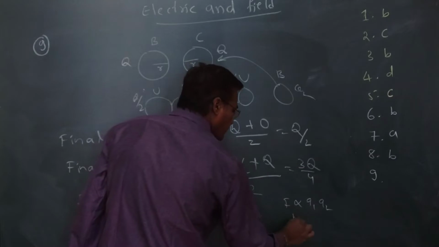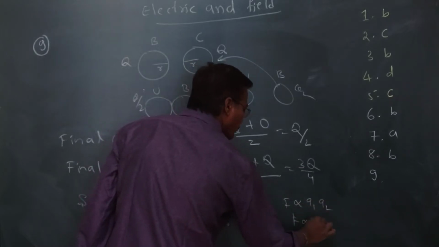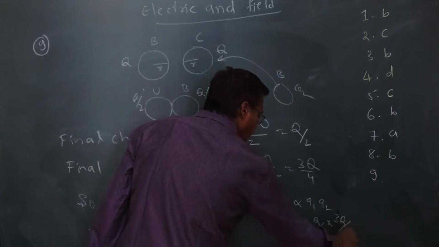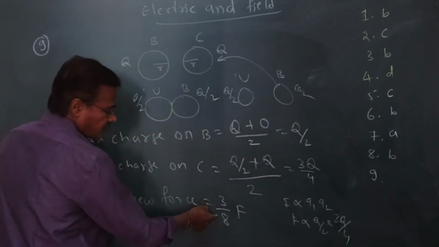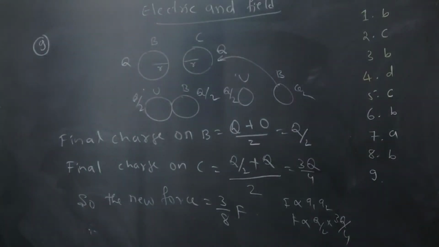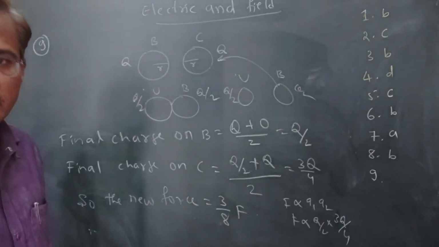So F is directly proportional to Q by 2 into 3Q by 4. When multiplied, 8 comes, and 3 on top. So 3 by 8 F we are getting.